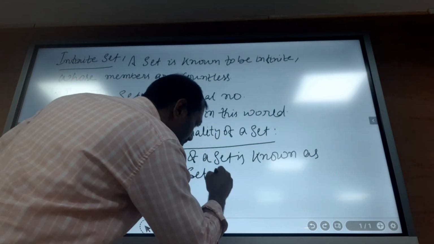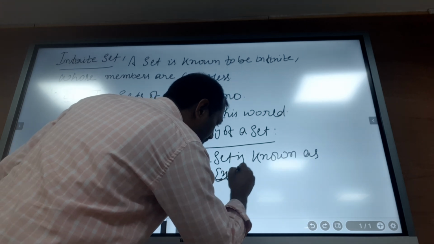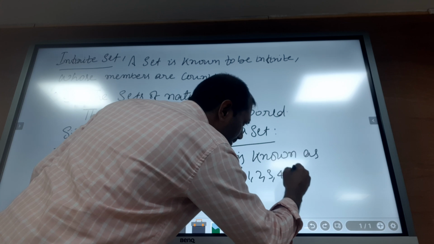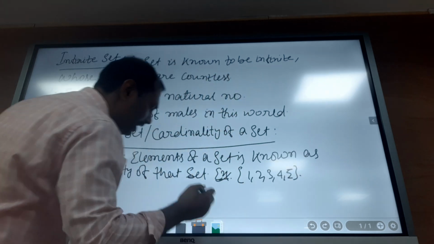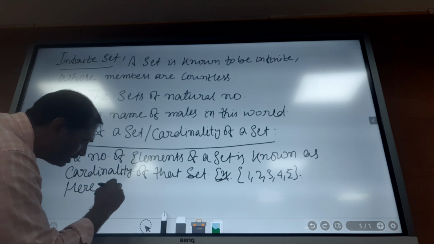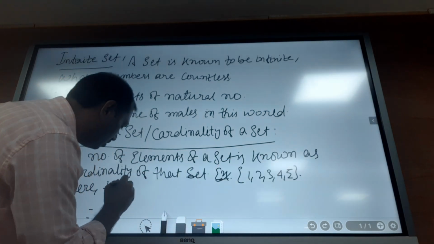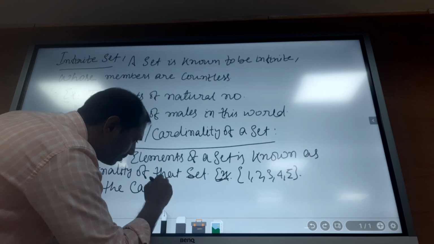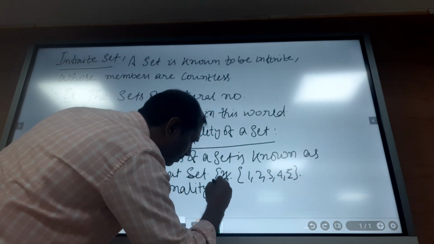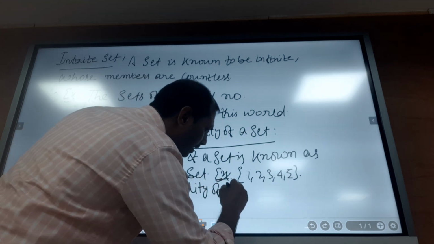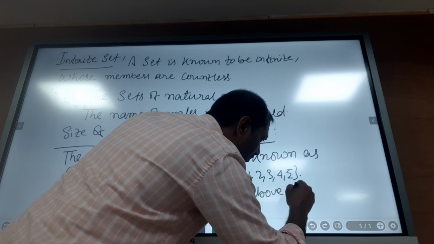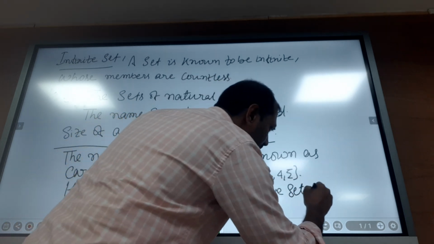For example, a set of 1, 2, 3, 4, 5. So here the cardinality of the set is 5. Here there are 5 elements, so the cardinality of the above set is 5.